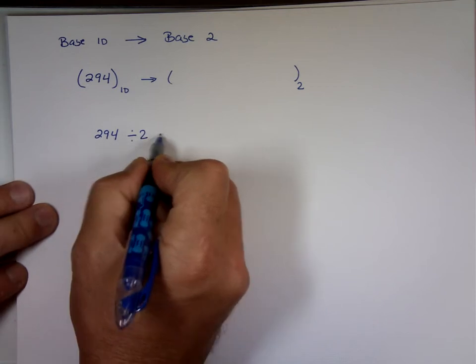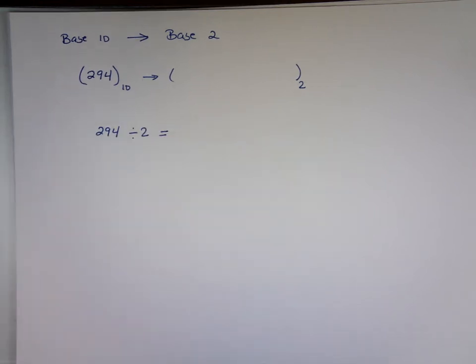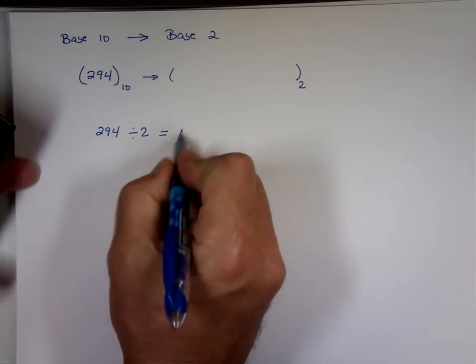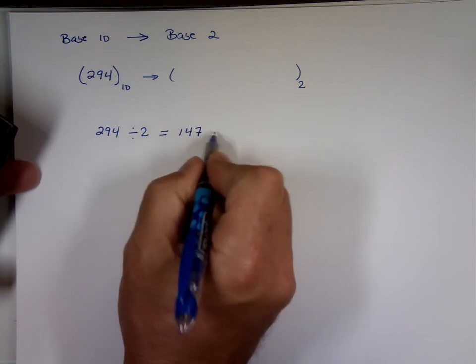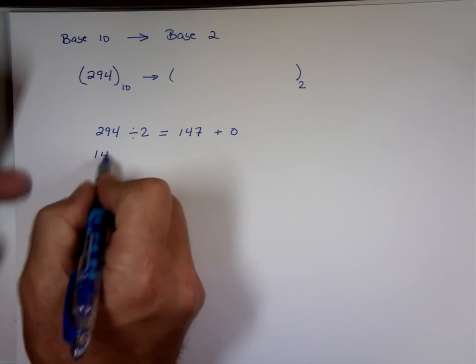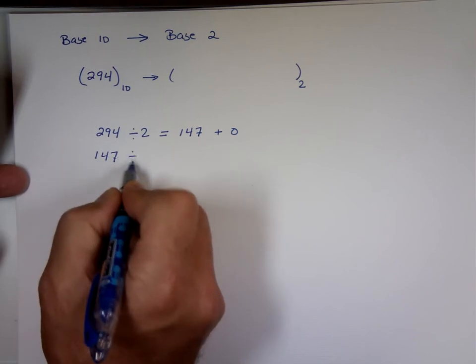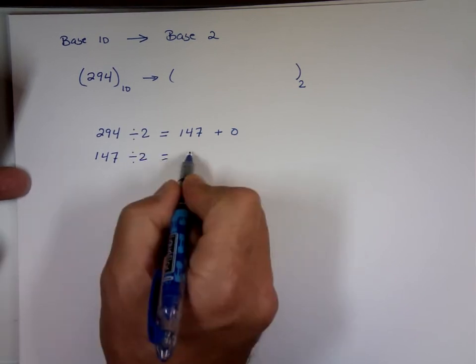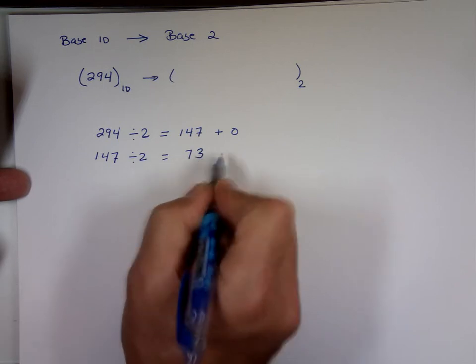I need a calculator here. The number is too big? Well, I can do it actually in my head, but I'm lazy. 147. What's the remainder? 0. If you take 147 and you divide it by 2, is that 73 and a remainder of 1?